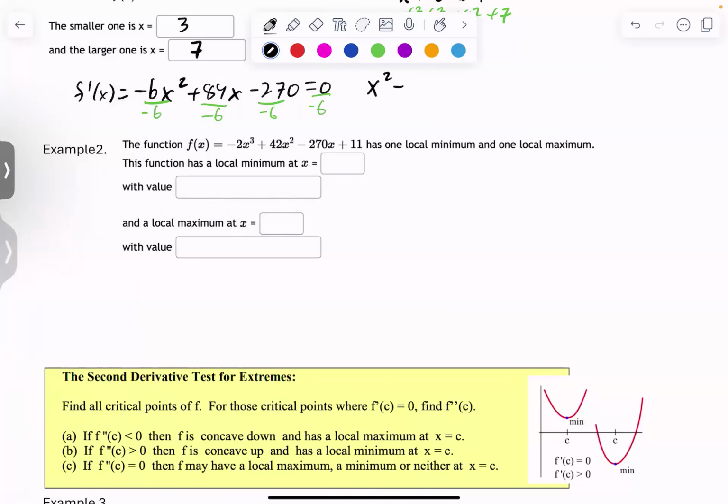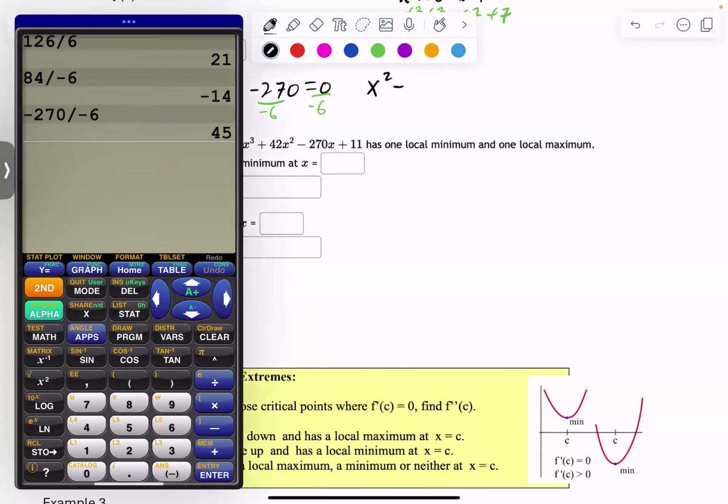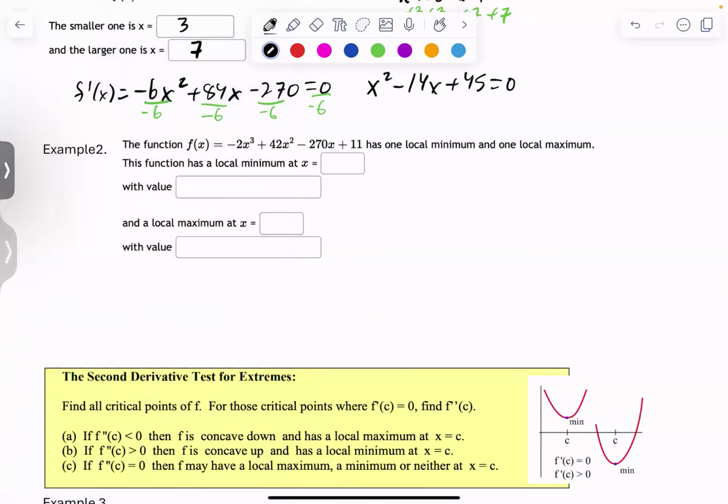All right, so we are getting x squared minus 14x plus 45 equals 0. This is going to factor into x minus 5, x minus 9.